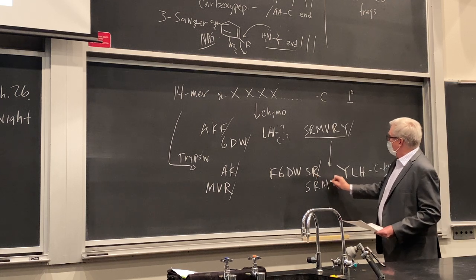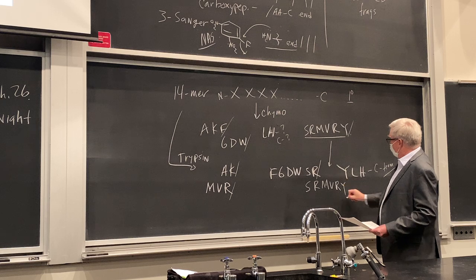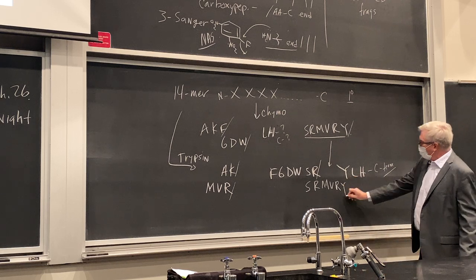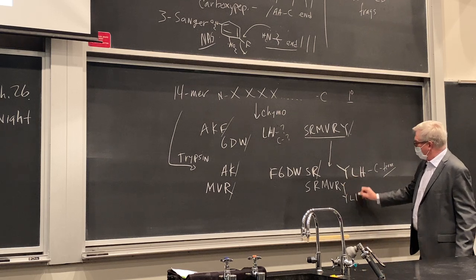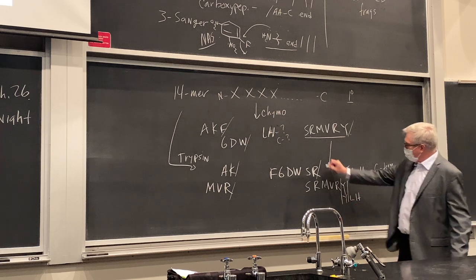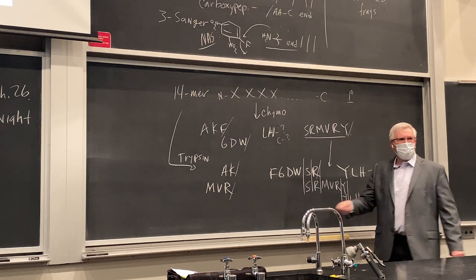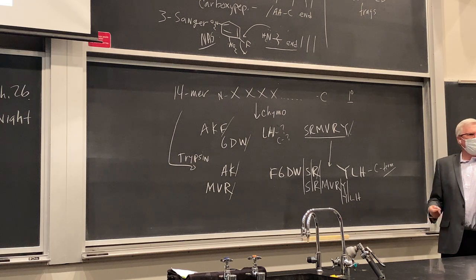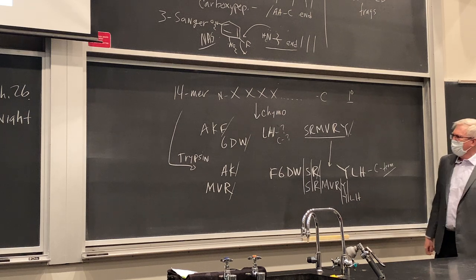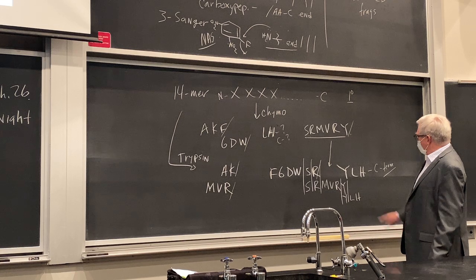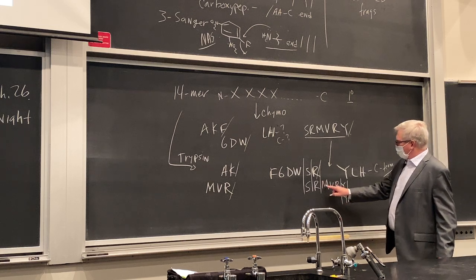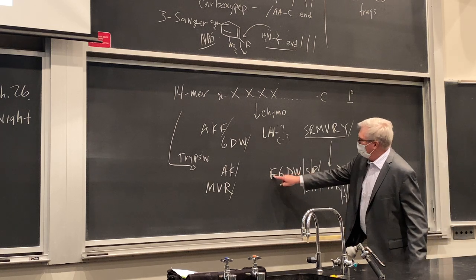So maybe M, V, R, Y just continues there. And there's our Y here, Y, L, H. So we've got some overlap there and there. The computer does this for you, but with simple enough ones, I think you can see how to do this. And is that it? 1, 2, 3, 4, 5, 6, 7, 8, 10, 11, 12.